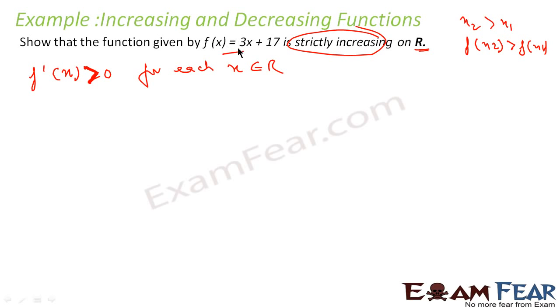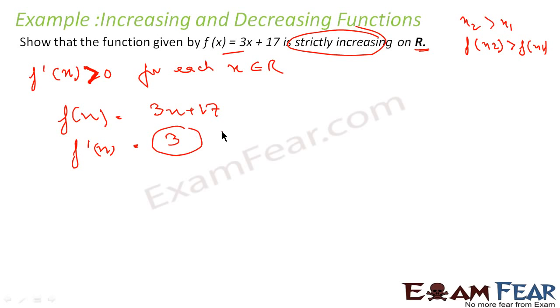So let's find f dash x. If my f of x is 3x plus 17, my f dash x will be nothing but 3. And this is always greater than 0. You take any value of x, it is greater than 0. Why? It is independent of x. So this is greater than 0 for any x.